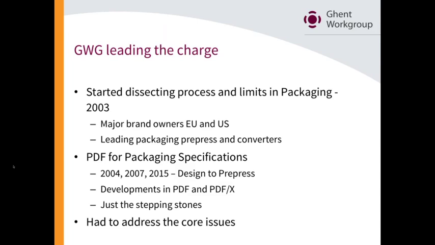And we created initially a way to begin, because we found as we started going through this that there were things that were a little bit out of our control that we were going to need to fix, but we wanted to at least give people something to begin to work with. So we created what we call the PDF for packaging specifications, similar to what we did with the newspapers and the magazines and the others. First version was in 2004. The last one was done in 2015.